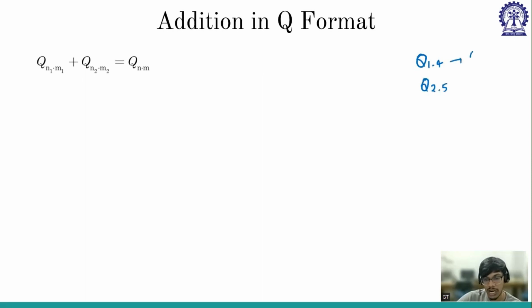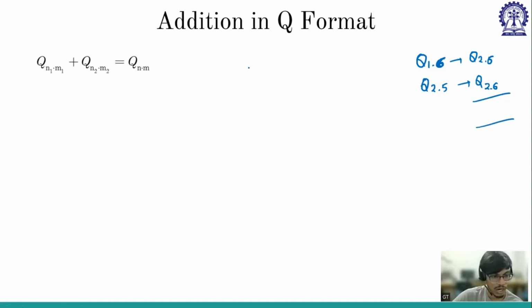I have to convert this into Q2.5 and this into, say, 1.6. Now I have to convert this 1.6 into 2.6 and this 2.5 into 2.6, and then only I can add. So I can add only when the Q formats are the same.